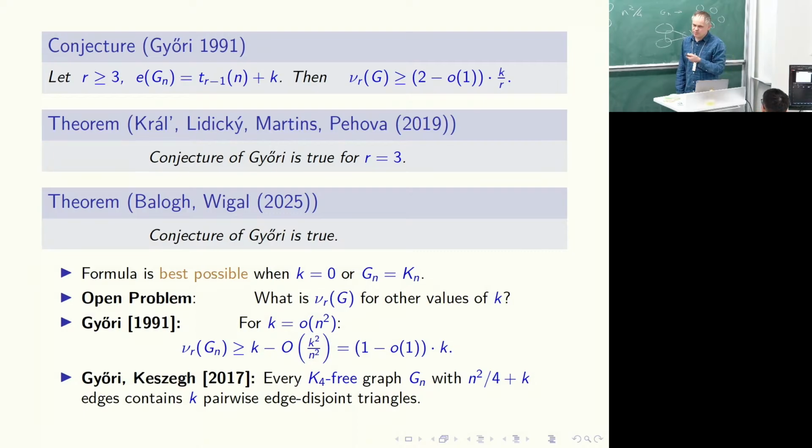But somehow their proof is kind of ad hoc, so it doesn't seem to generalize to the larger case where, instead of K4, we have K5-free graphs. And the similar claim is far from being true if we don't condition on K4, as one can cook up examples where the number of triangles is significantly less. Any questions on the results up to this point?